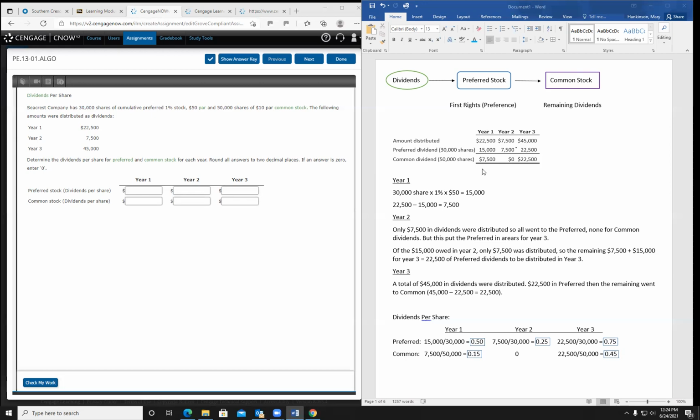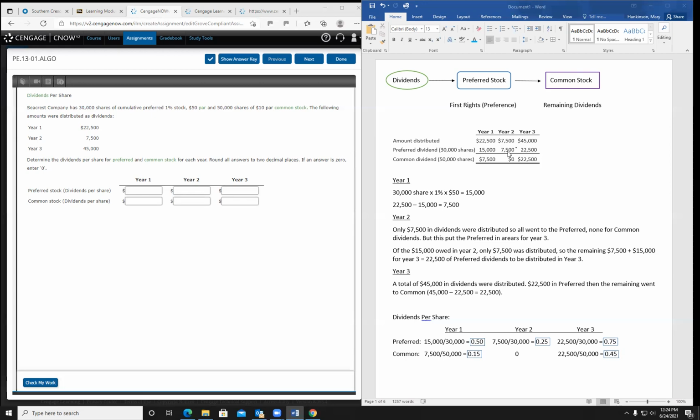So that's year one. Next, we're going to determine how much of the distributed dividends went to preferred and common for the second year. It tells us in the problem that in year two, they only distributed 7,500.